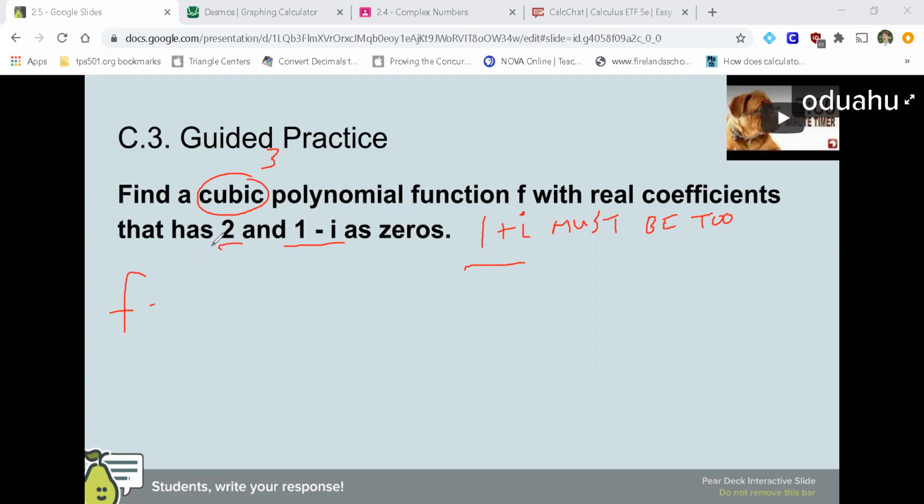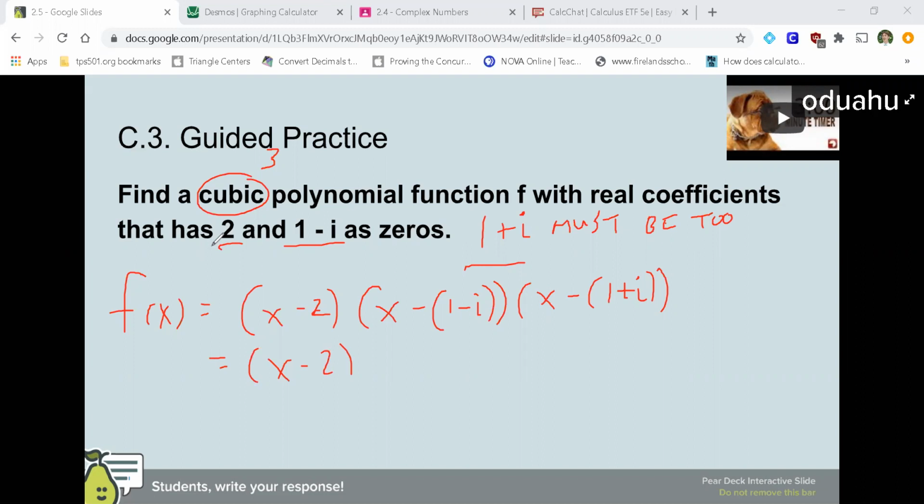So then I can write this as x minus 2, x minus 1 minus i, and x minus 1 plus i, which you could simplify to x minus 2 times x minus 1 plus i, and x minus 1 minus i, if you distribute the negatives.